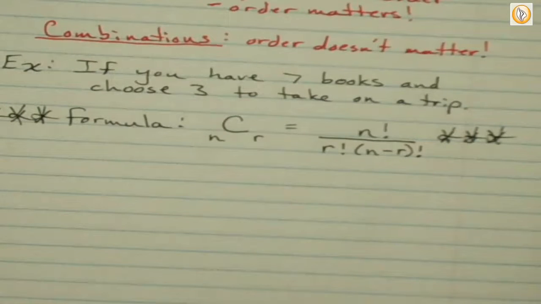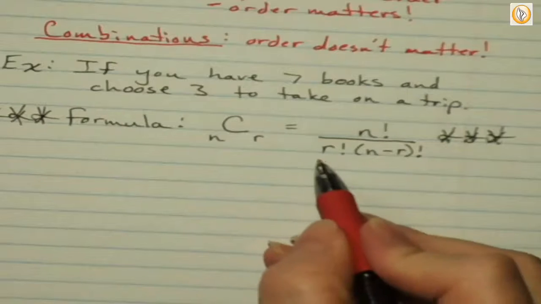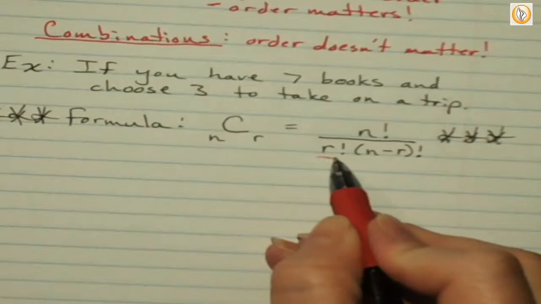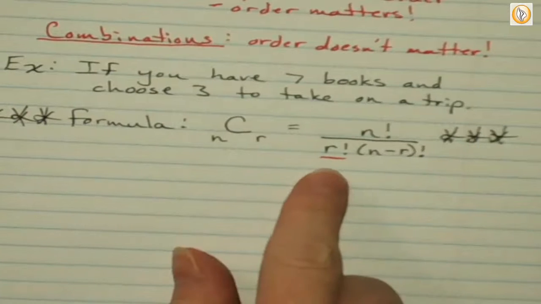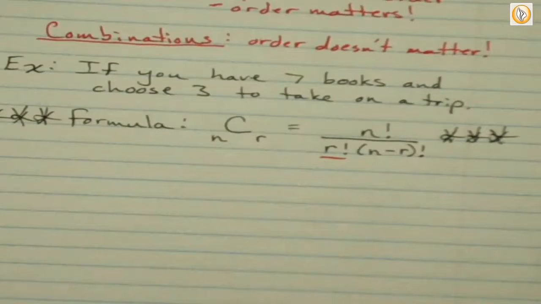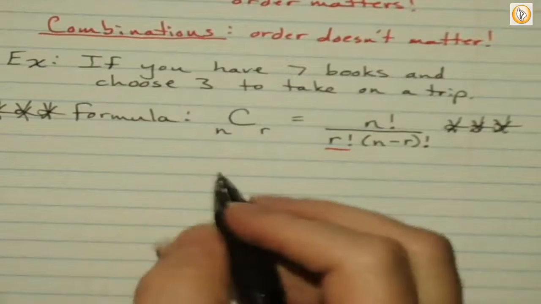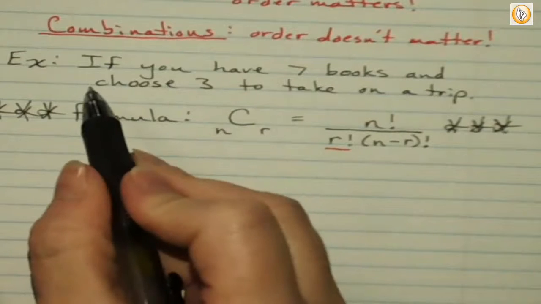That's right. This right here is the difference. That one thing you're multiplying by, R factorial, is the difference. Okay? All right, so let's go back to this example.